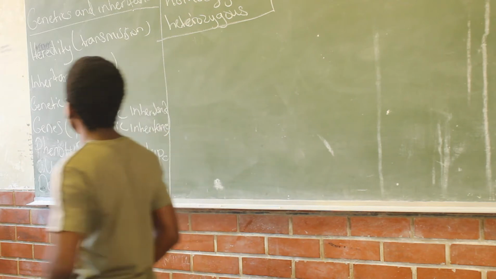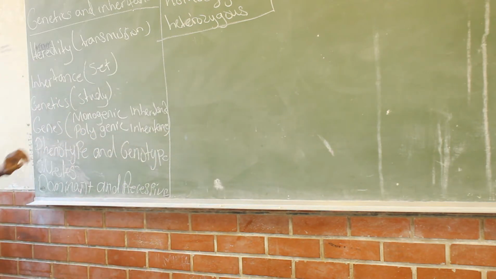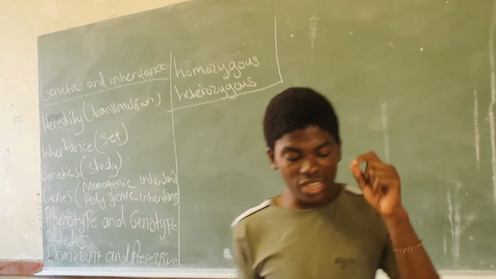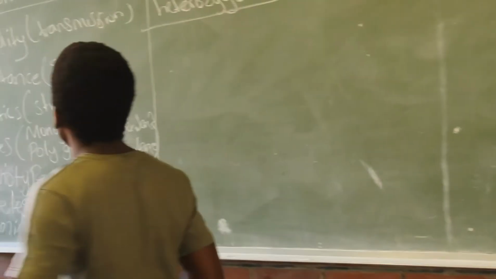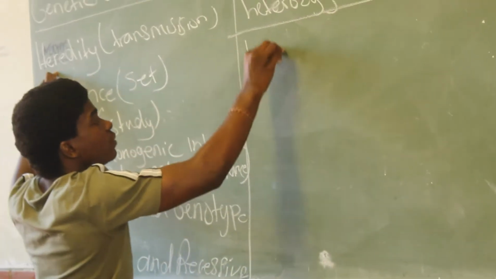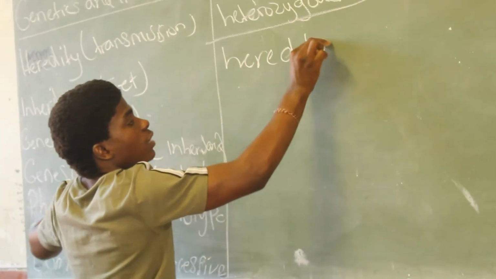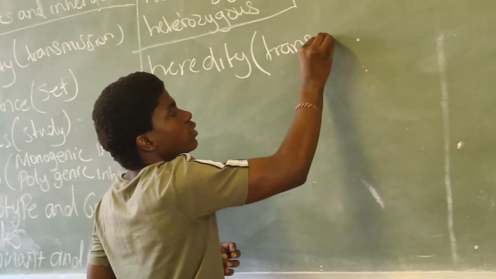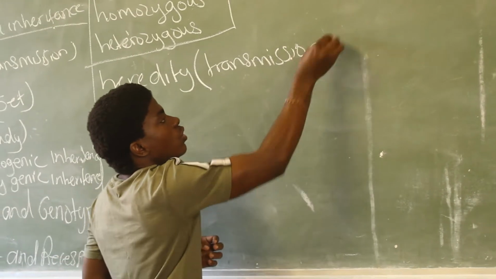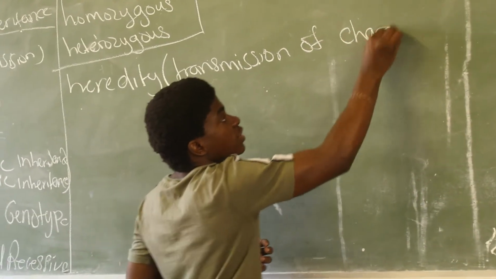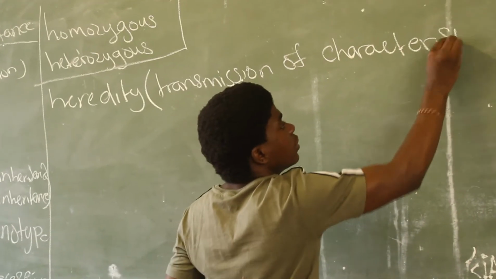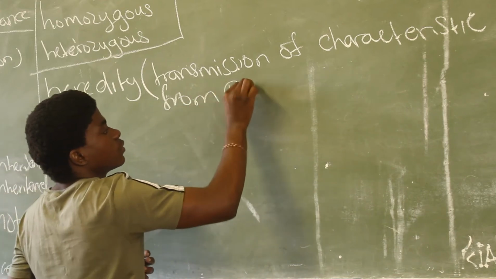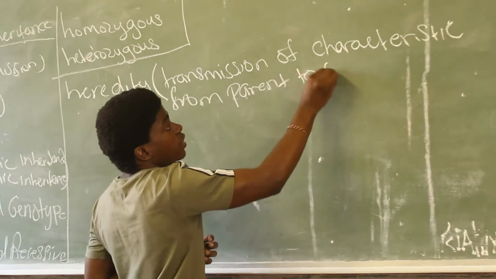Okay. So the first word that we need to understand is heredity. So when we are talking about heredity, we are talking about the transmission of characteristics from parents to offspring.